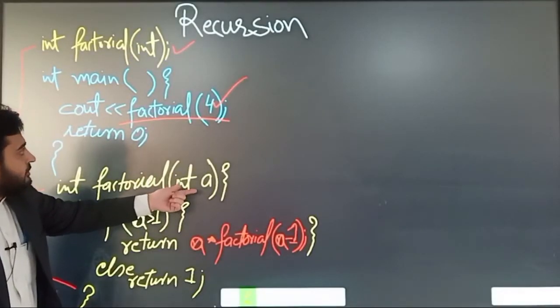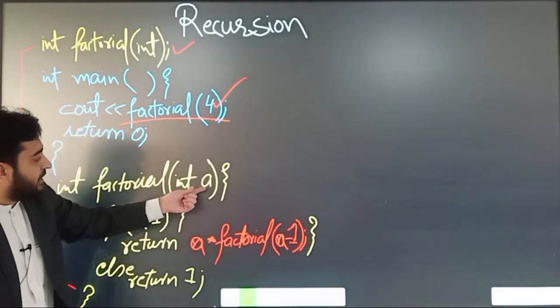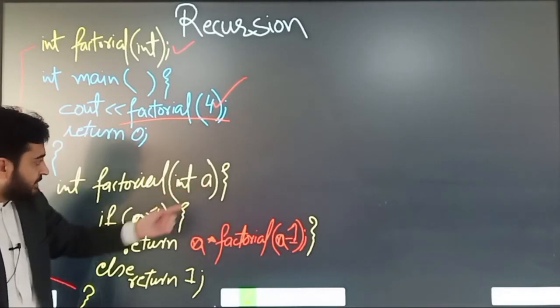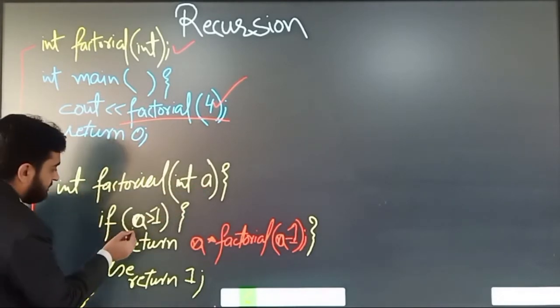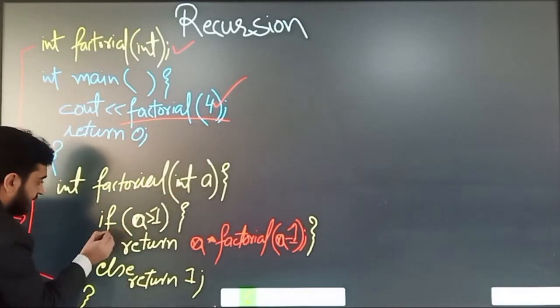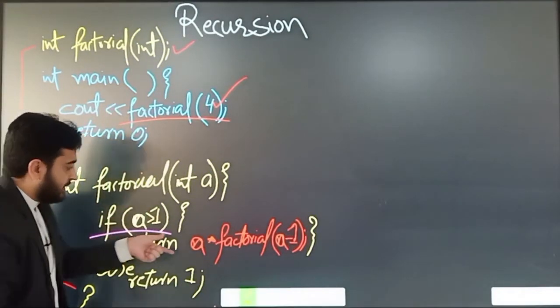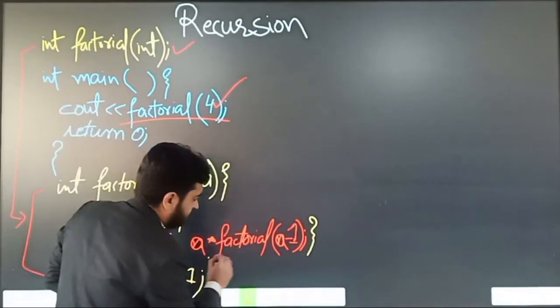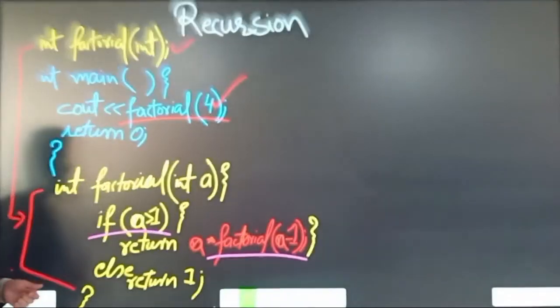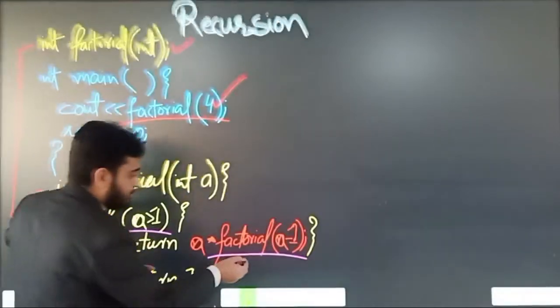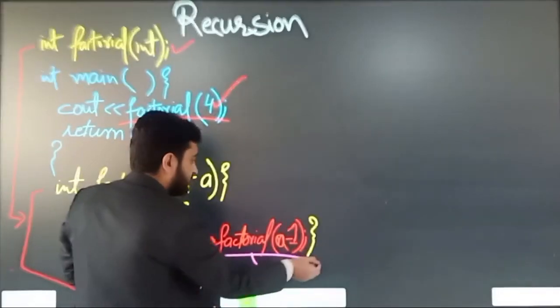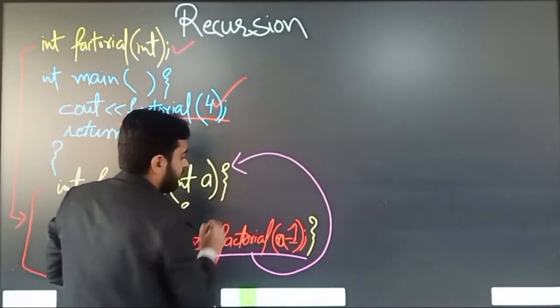Here we receive the argument in integer parameter a, and that variable is checked in the condition: if the value of a is greater than 1, then we call the factorial function. It means that we are going for the recursive call.